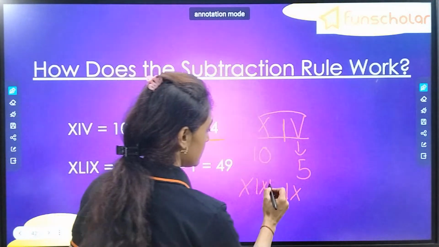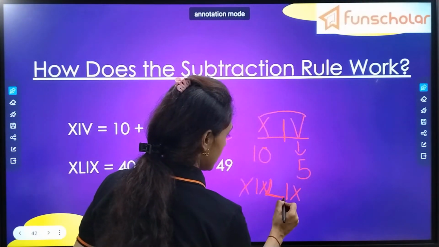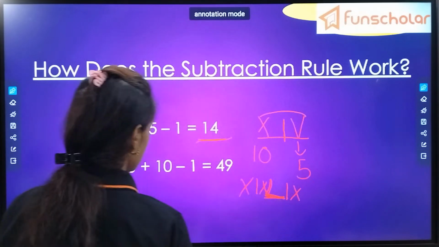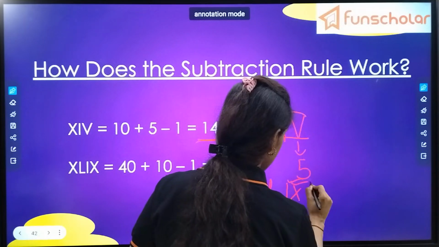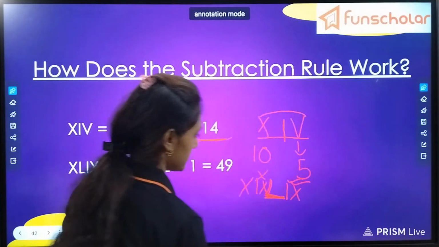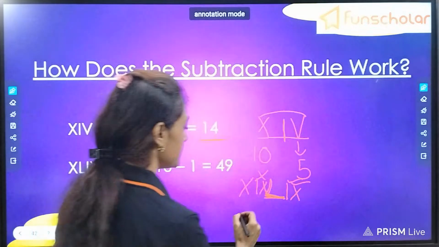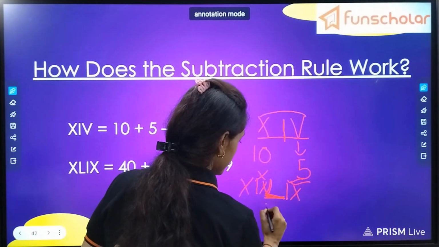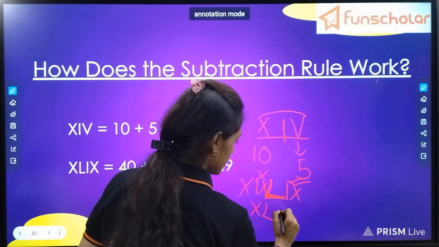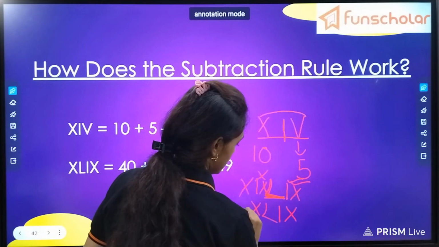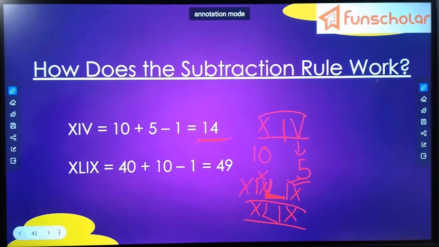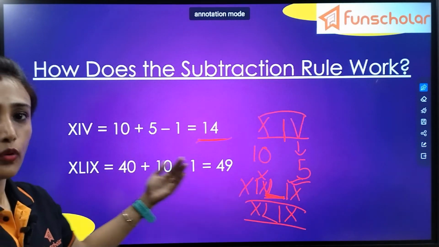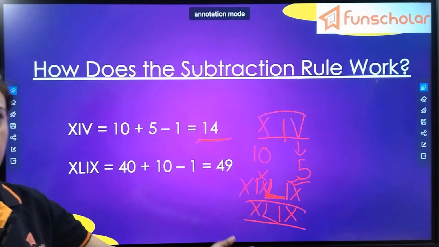I said you have to use the last digit or the last alphabet. So 9 will be written over here, not here. Understood? Then what will be the answer? 49. Done? Clear now? If you can't understand this, just go back and see this again.